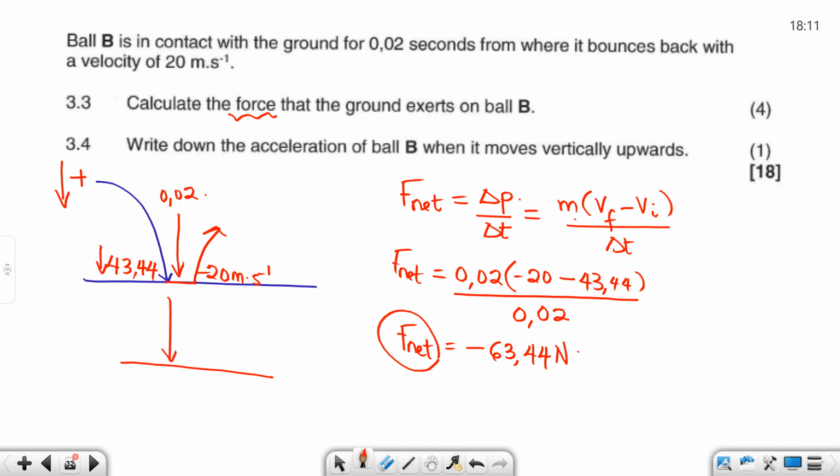There's a weight going down there. And the ground is also going to exert that force there. All right? Force of ground on ball. The total is what we call F net. Oh, sorry. No, I meant F of ground. That's why the ball bounces back up, because the ground exerts a force on the ball.